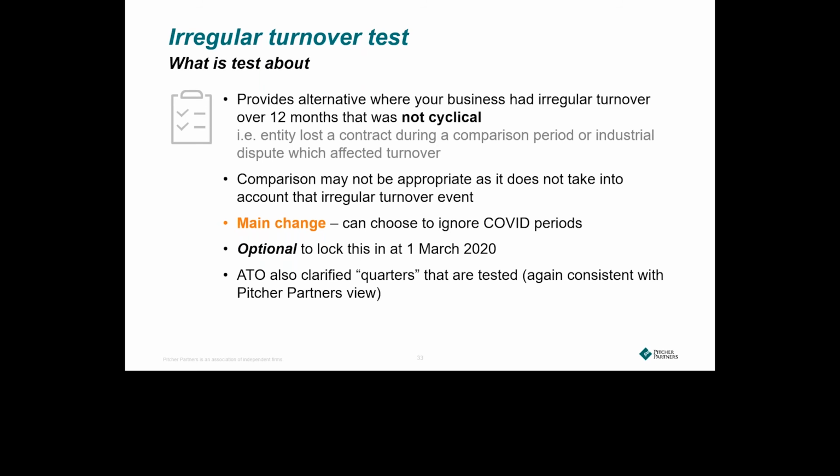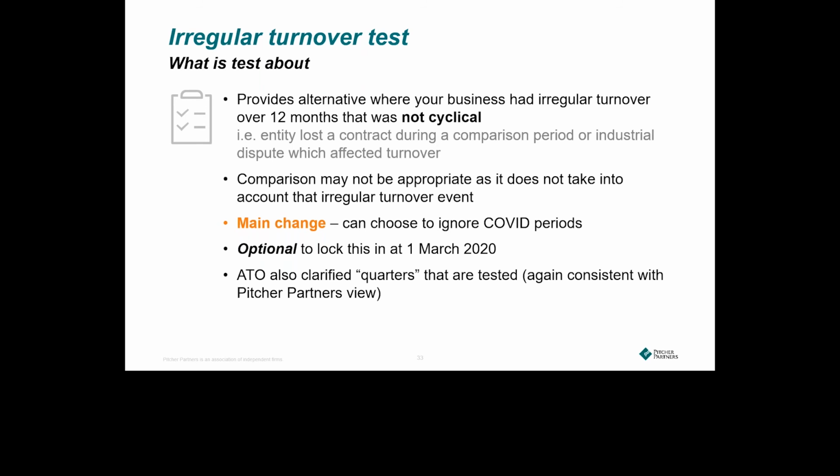And there could have been a big contract that was delivered on or after that time, or some event suppressing turnover in that comparison period. For example, it could be a contract that wasn't delivered, that was lost, or an industrial dispute, which makes the basic test not appropriate because our 2019 comparison period is unusually low.